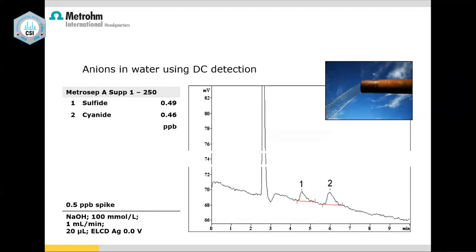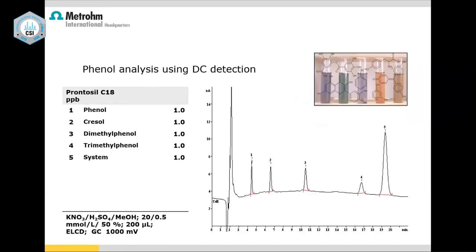Then we have anions in water, sulfide and cyanide in refinery process water, where we had gone down to less than 0.5 ppb. Then phenol analysis. Even if you take IS 10500 2012, our uniform drinking water standards, you can see that phenol, cyanide, sulfide, and many of the ions are mentioned, including transition metals.